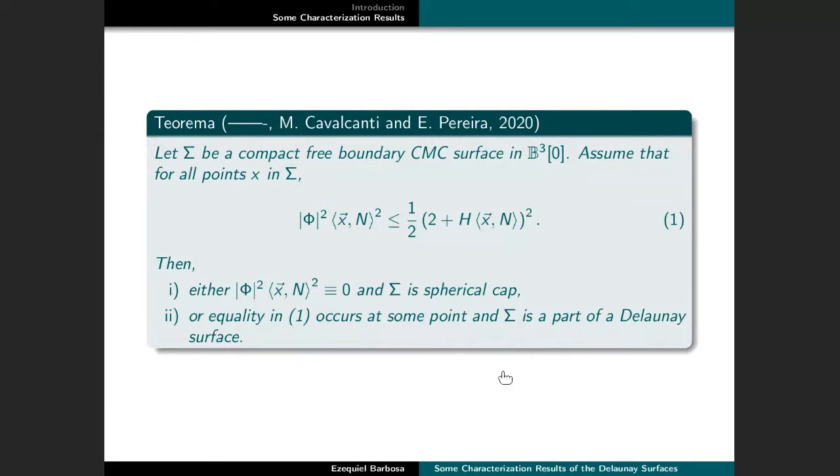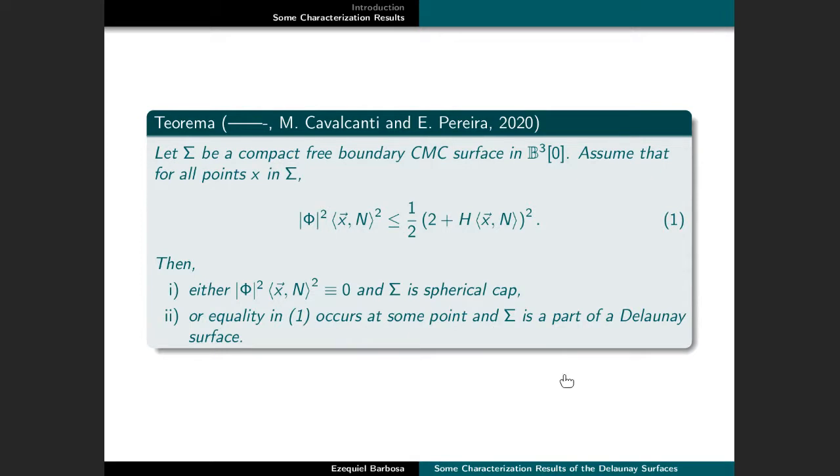But now we cannot avoid the situation to be a piece of unduloid. Okay, so because we know that inside the ball there is a piece of nodoids satisfying this quadratic decay here, and there exists a piece of unduloids that doesn't satisfy this.